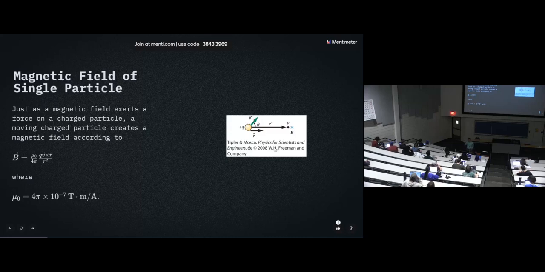So you reach out towards that point because you want to take V and then cross it into r hat, and it's going to give you, as shown on the screen here, at least for this configuration, that B is going to be into the screen for that point.